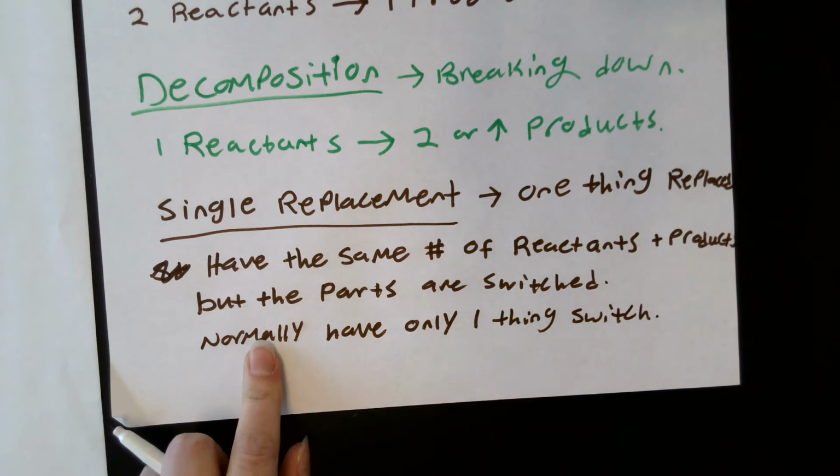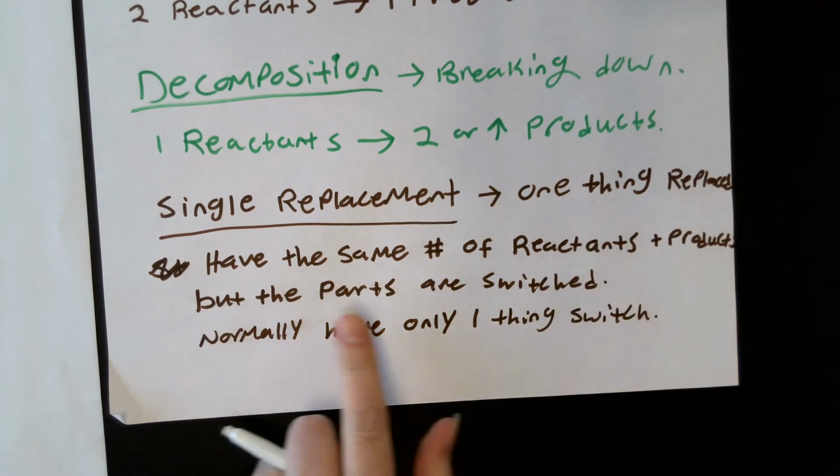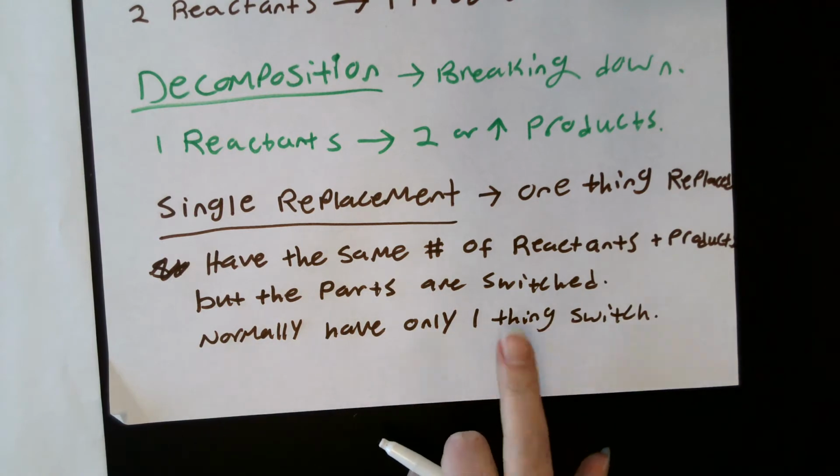Okay. We have the same number of reactants and products, but the parts are switched. Normally we only have one thing switched.